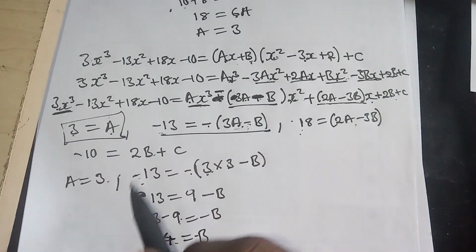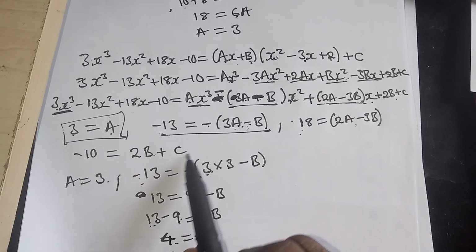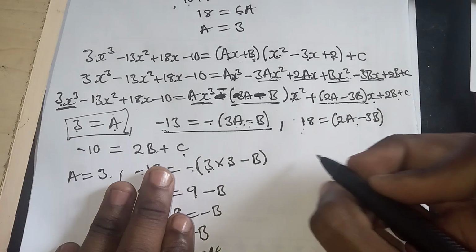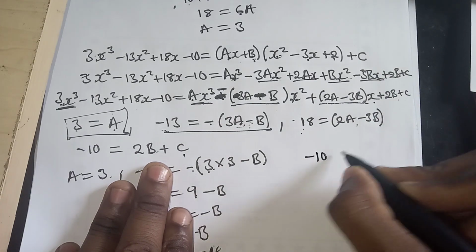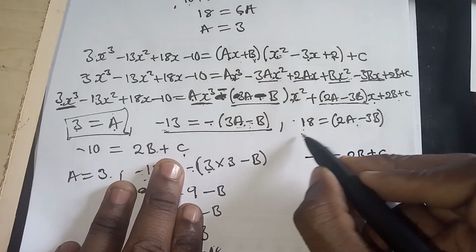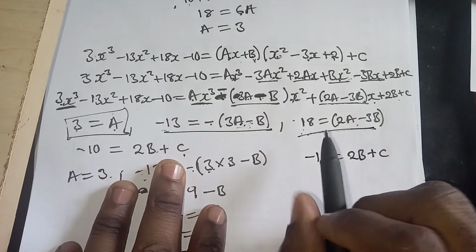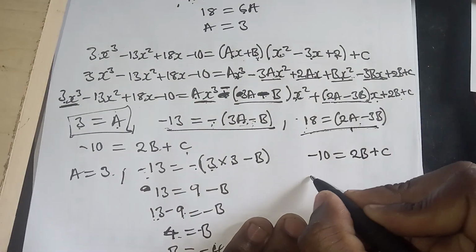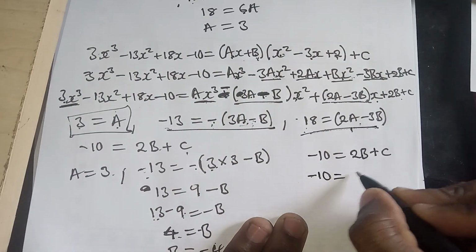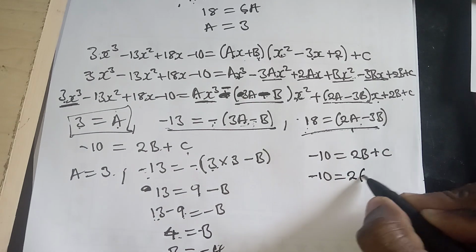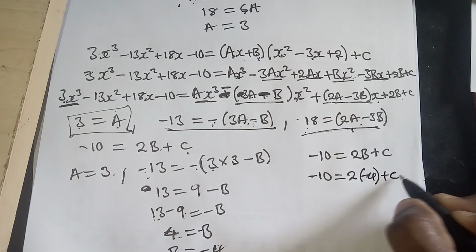Lastly, you want to find your c. So this is the only equation which has a c. That means you have no choice but to use this one here. So you won't need this one for anything. So we have negative 10 is equal to 2 times negative 4 plus c.